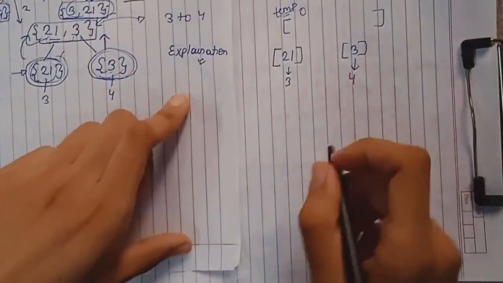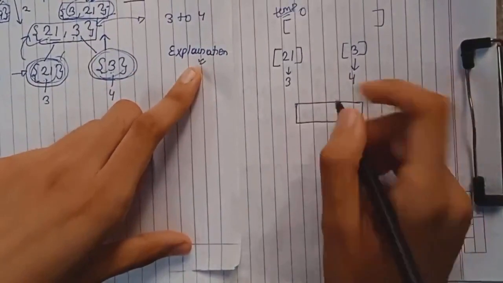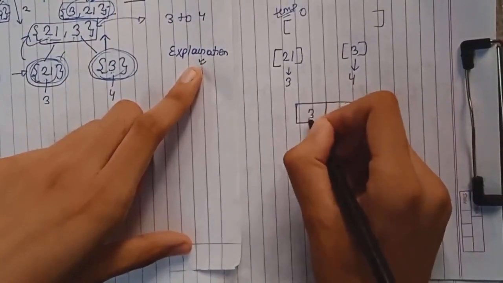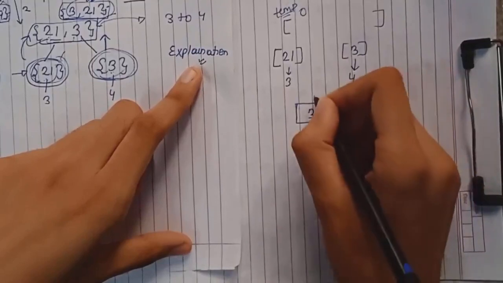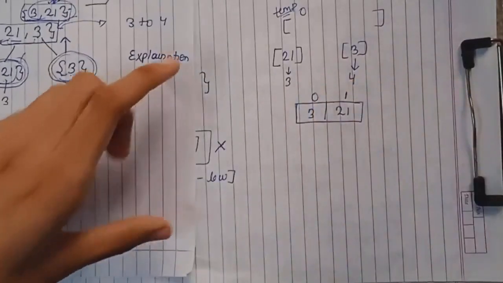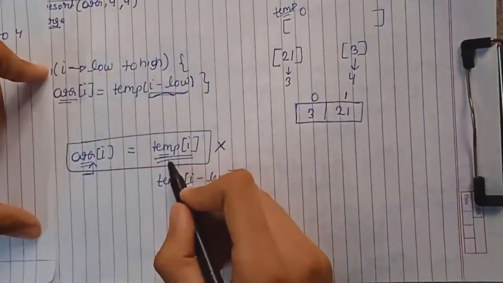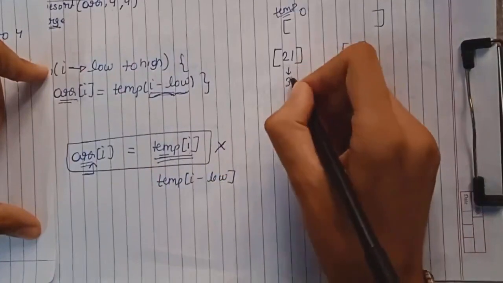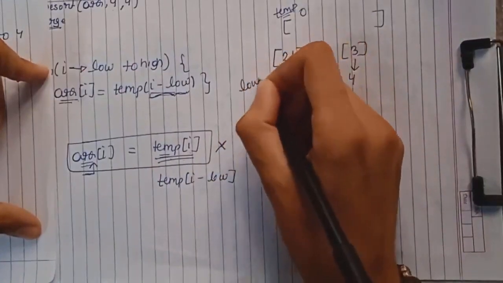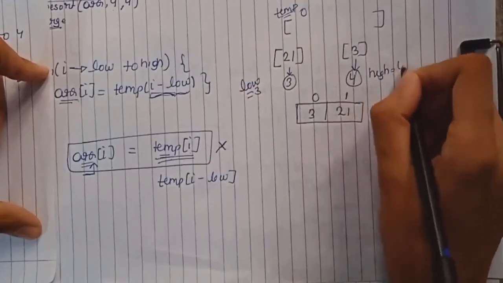So after the merge procedure is completed, the temporary array that you will be having will be like 3 and 21. Its index would be 0 and its index would be 1. So now you note that here if you do ARR I is equal to temp I, here the low is 3 and here the high of the array is 4.